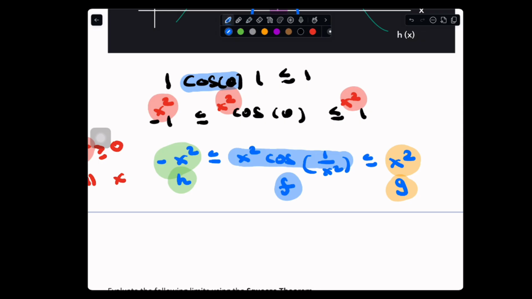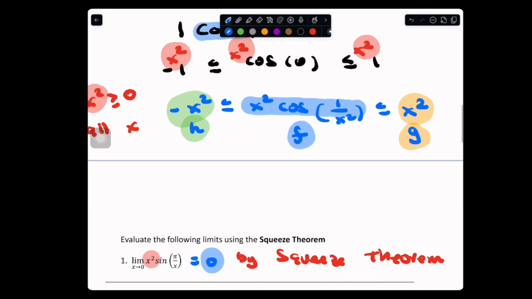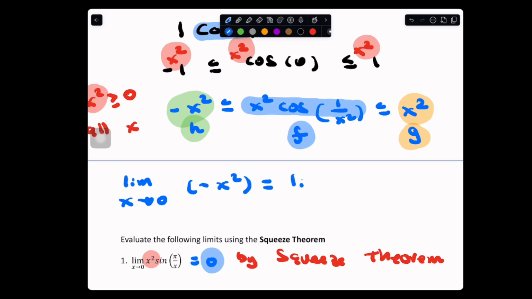What do you guys know? They're asking you squeeze theorem questions. That means the limit as x goes to 0, and sometimes, if you read these books, they'll say the limit of this function equals the limit of this function. They are both 0.